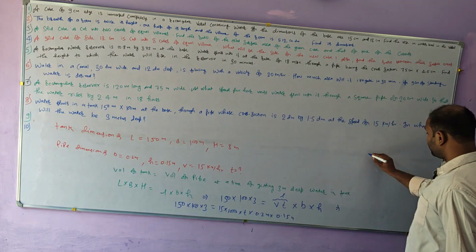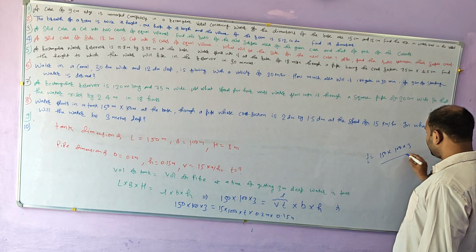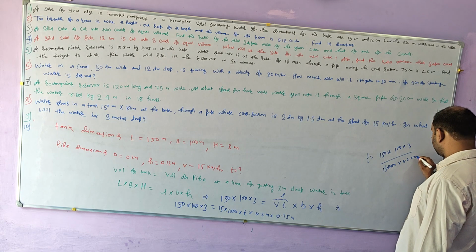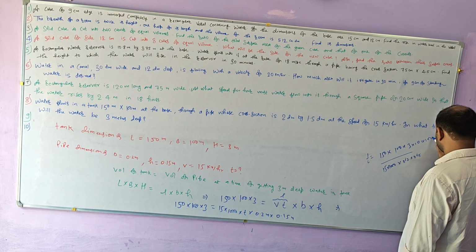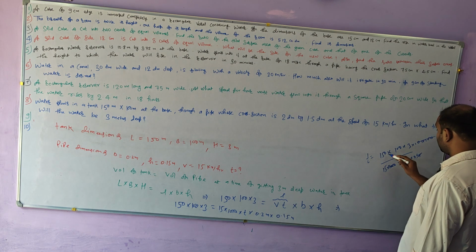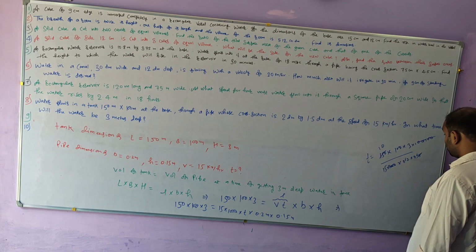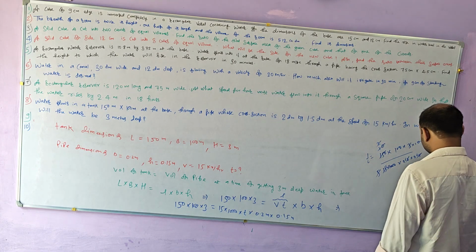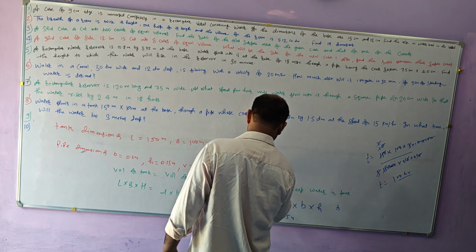So from this we get T is equal to 150 into 100 into 3 upon 15 into 1000 into 0.2 into 0.15. Cancel. We get T is equal to 100 hour.